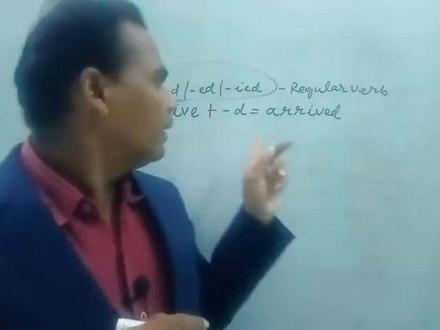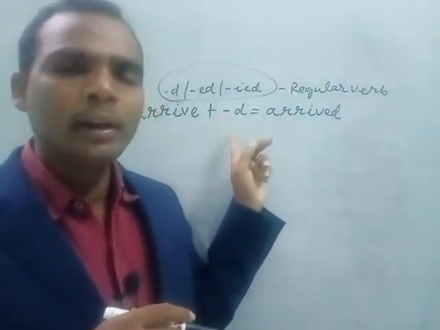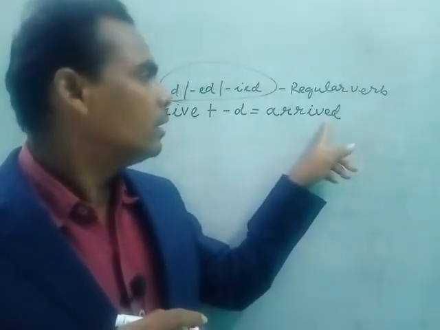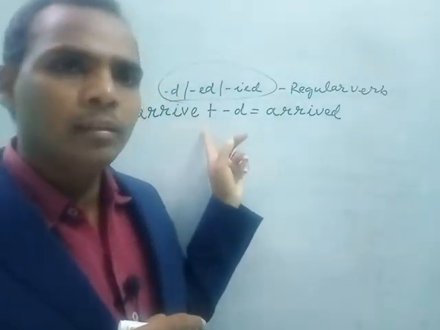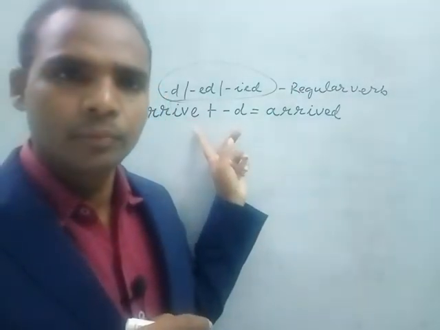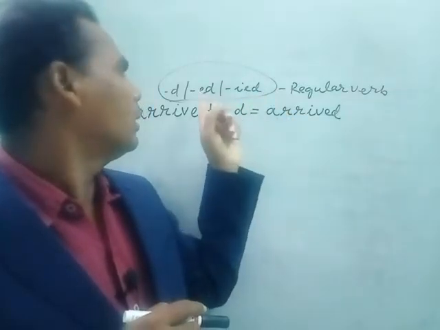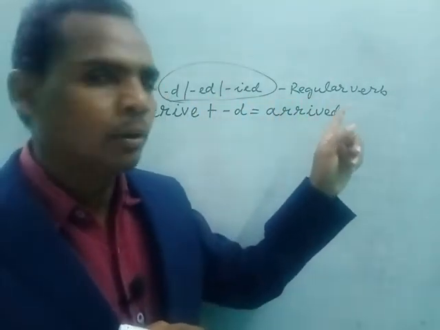So ending with E, you have to add only D. Arrive, A-R-R-I-V-E, you add only D because E is here.